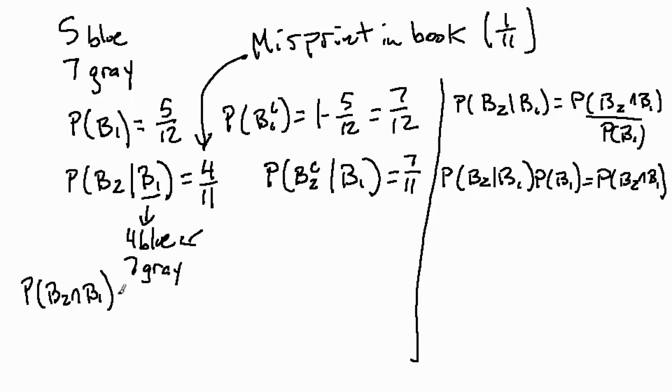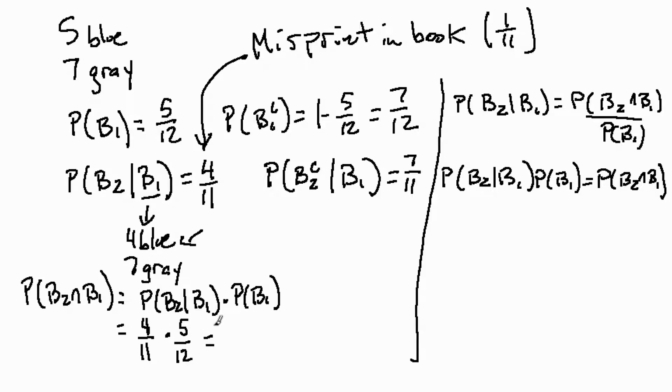Well, according to that, that is equal to the probability of B2 given B1 times the probability of B1, and the probability of B2 given B1 is 4 over 11, and we said the probability of B1 is 5 over 12. So 4 times 5 is 20, and 11 times 12, well, 12 times 12 is 144, so I take away 12 from that, and that would be 132. And that's our answer to that one right there.